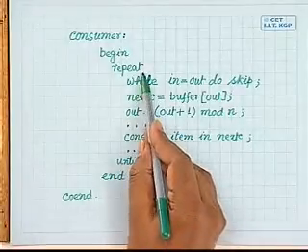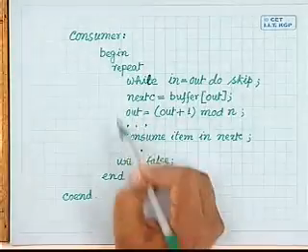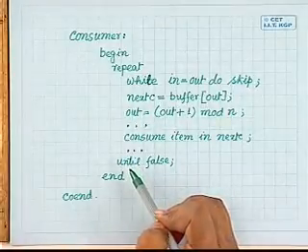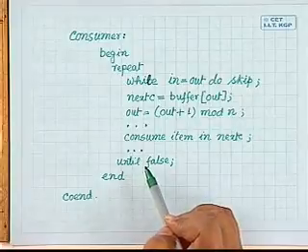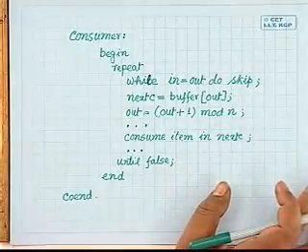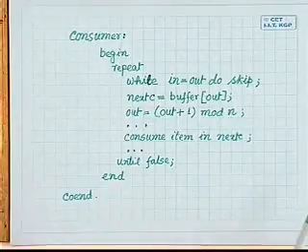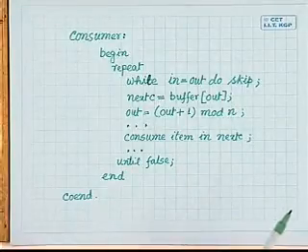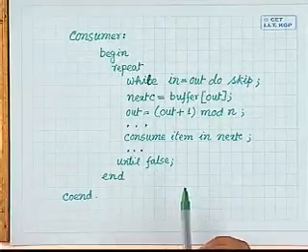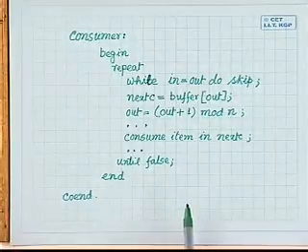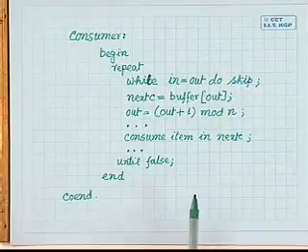Both these processes have been kept under a repeat until false structure. So we assume that the producer process goes on indefinitely, and the consumer process also goes on indefinitely. The producer process goes on producing items, putting them into the buffer whenever some location in the buffer is free. Similarly, the consumer process goes on consuming items from the buffer whenever there is some item in the buffer. So you find that writing the producer and consumer processes in the form of a co-begin co-end construct is very simple.